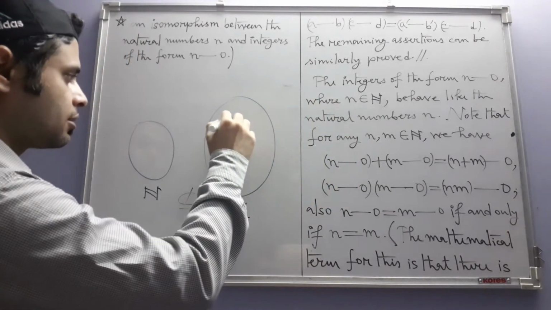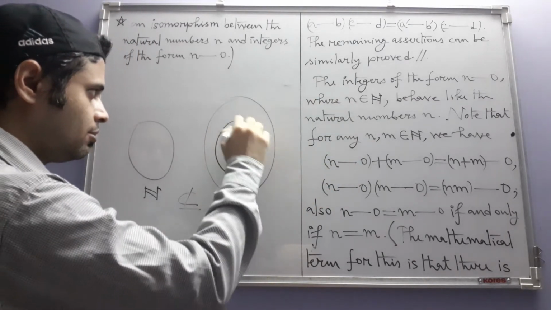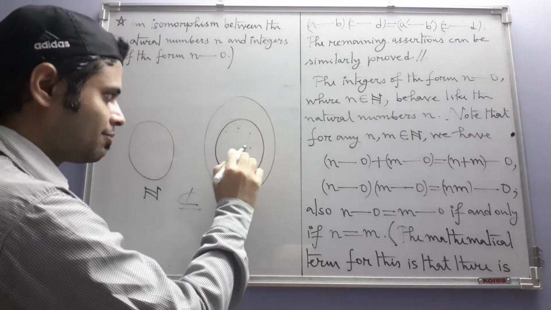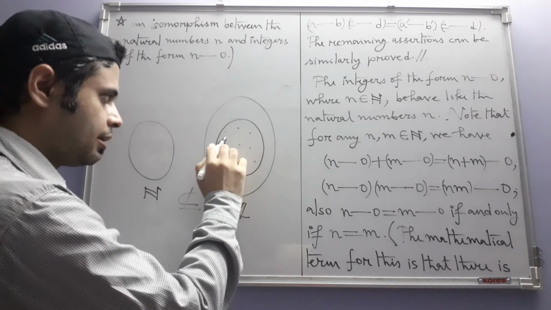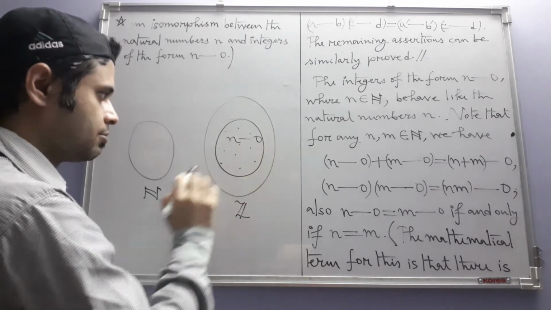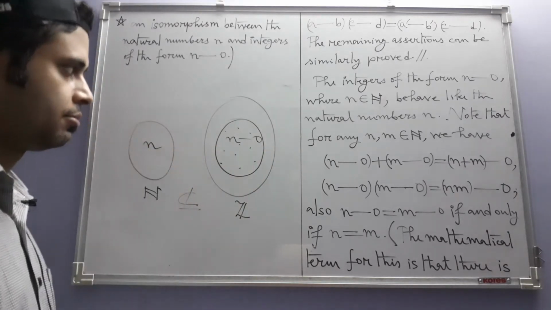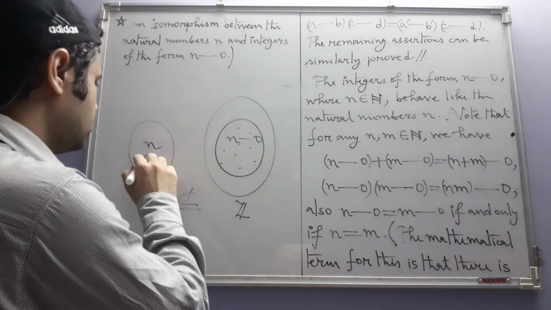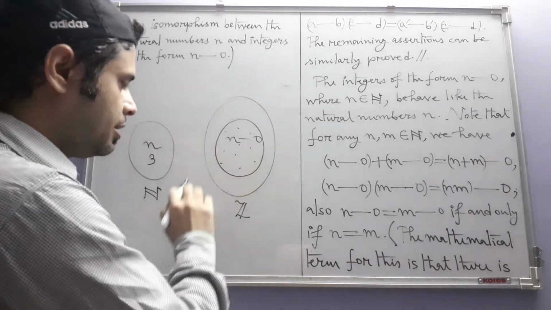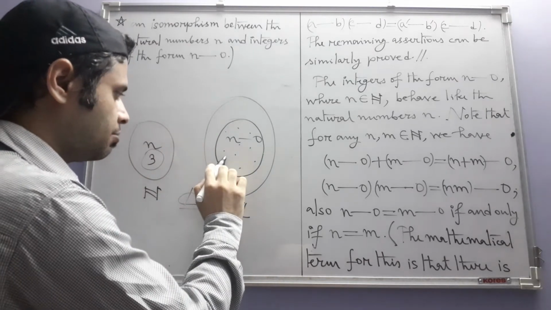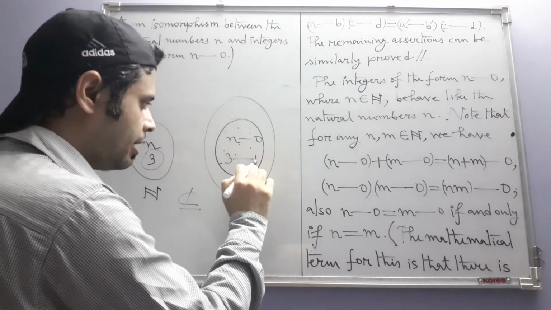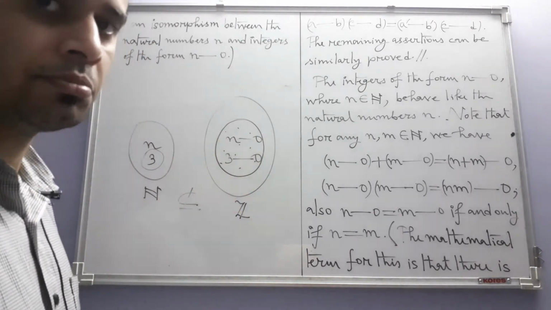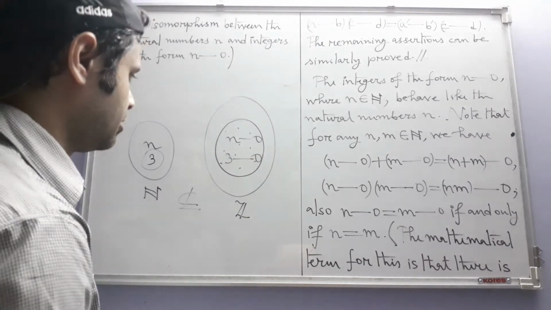That identification allows us to recognize a subset of Z where the elements look like this. These are integers, there is no doubt. For example, the integer corresponding to this natural number here would be 3-0. This is an integer because it is of that form a-b, where a and b are natural numbers.